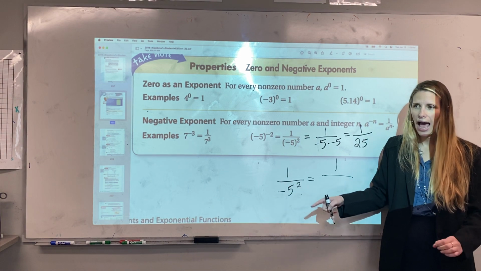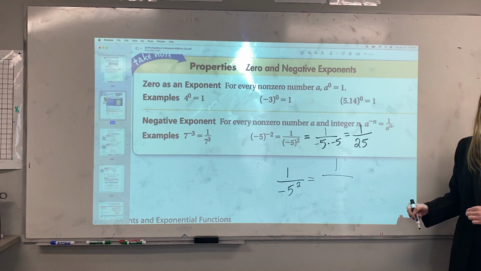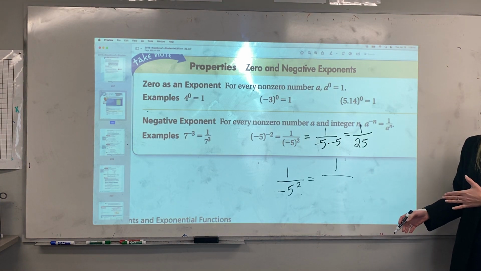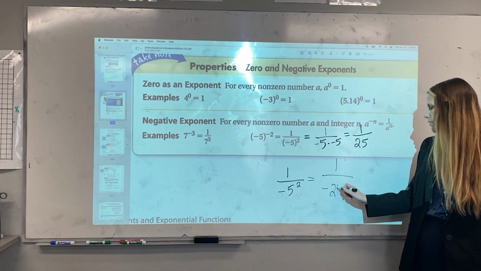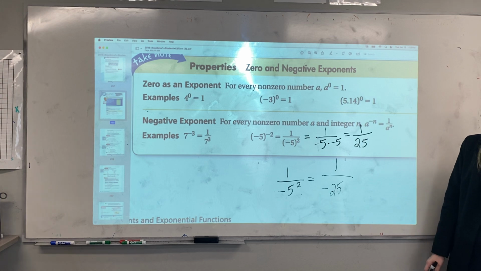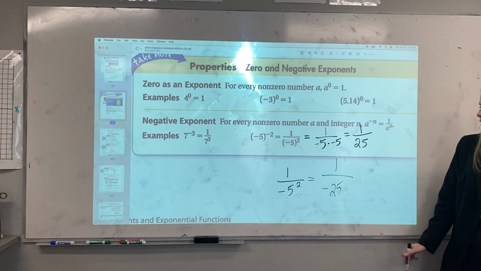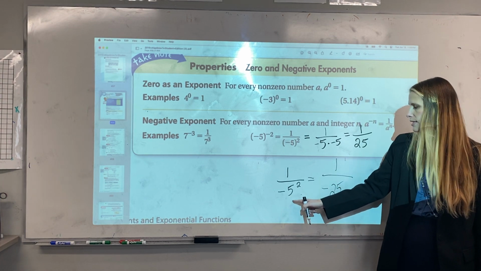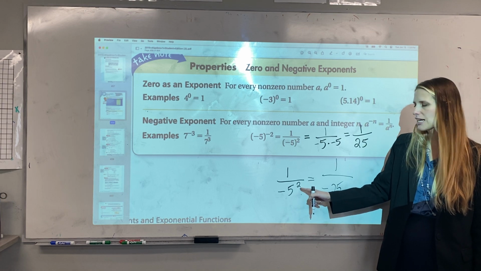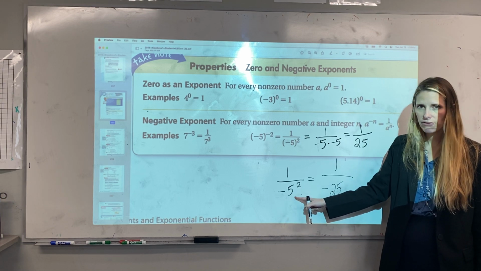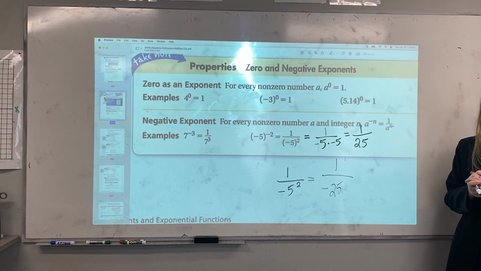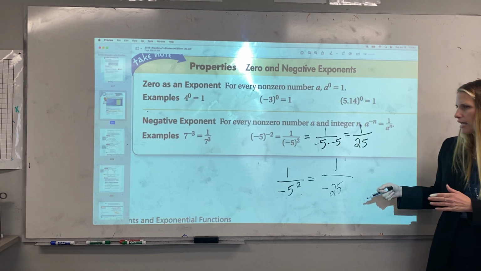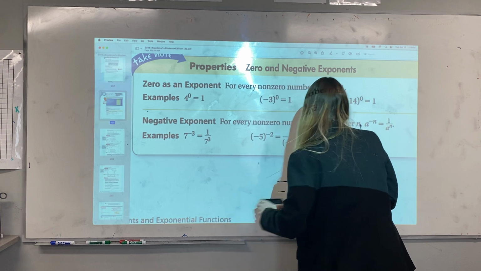The negative is actually being multiplied, and that comes after the exponent. So if it doesn't have parentheses, then it would be negative 1 over 25. If it is written without parentheses, that means the base of this exponent is only the 5, and the negative is being multiplied by that number. Do you understand? So that's why the negative gets tagged on at the end.